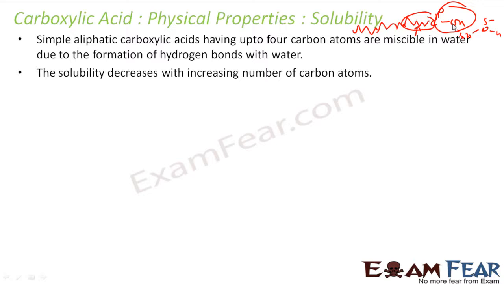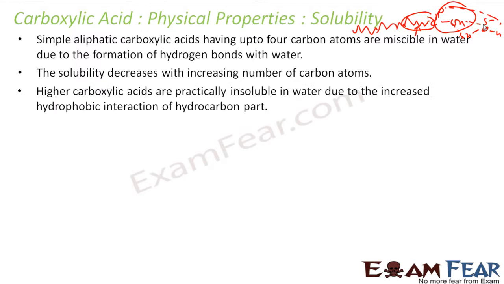This kind of bond it has to form, like this. Same thing, higher carboxylic acids are only partially soluble in water because the hydrophobic part interaction is more. This is the hydrophobic part that doesn't dissolve in water. This is the hydrophilic part which dissolves in water.